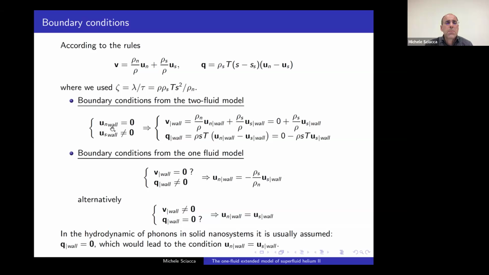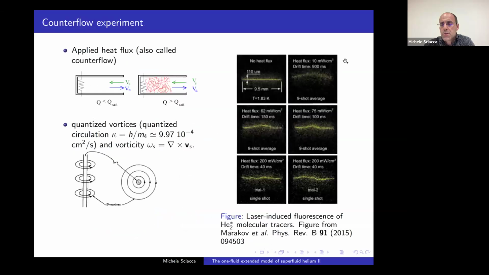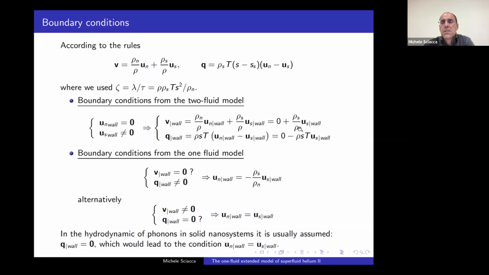If I follow this approach, this means that V on the wall is practically zero, V on the wall should be proportional to US, and Q on the wall should be proportional, with a minus sign, to US.